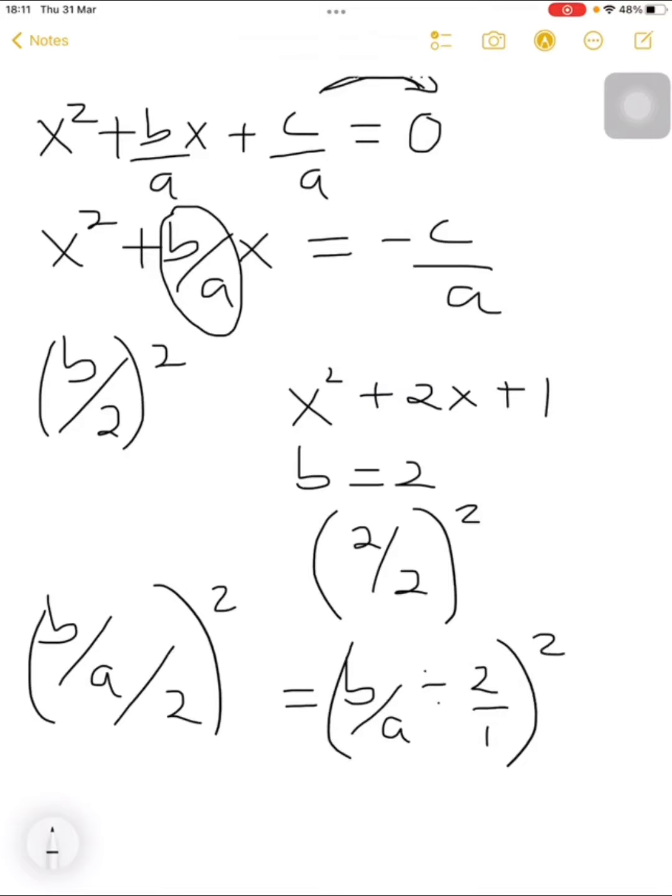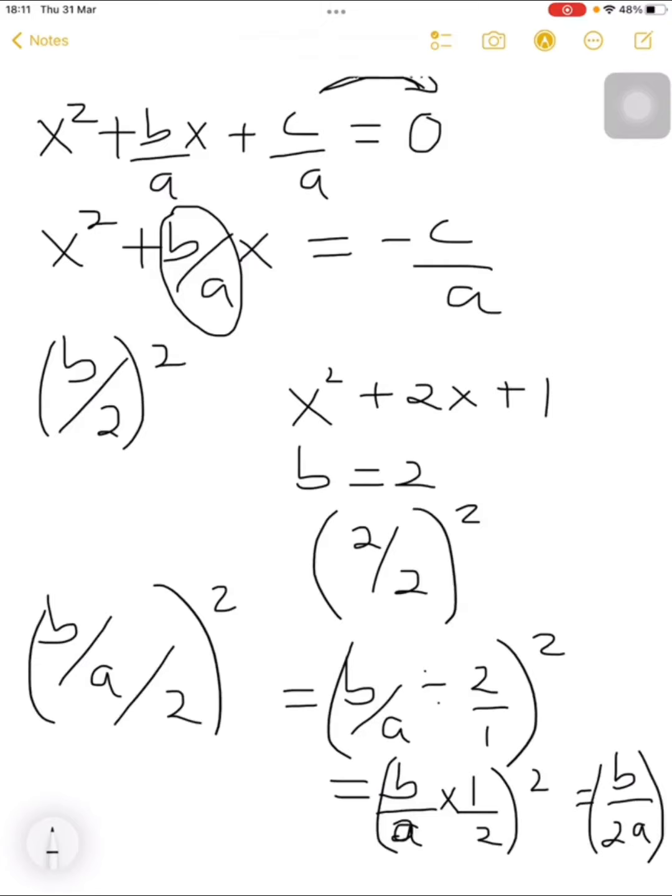And this is the same as b all over a multiplied by 1 all over 2, and then we square. This is equal to b all over 2a squared.